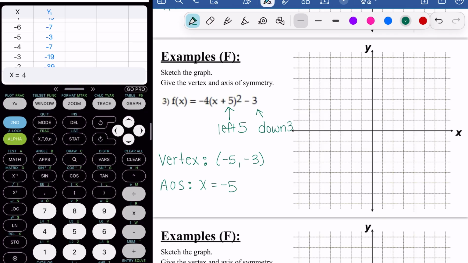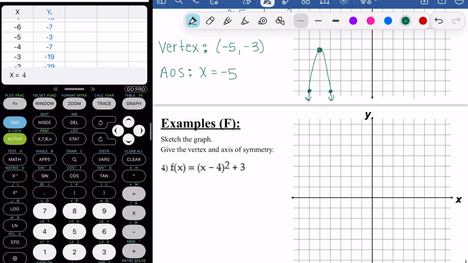So, all right, so right there. Then I've got negative 6, negative 7, and negative 4, negative 7. That's all that's really going to fit on this graph, so we can use that. And there we go.